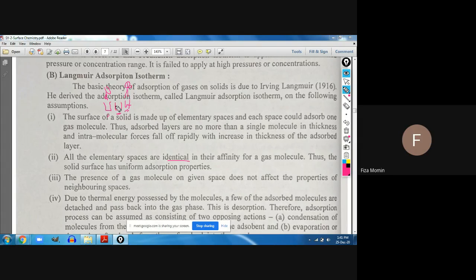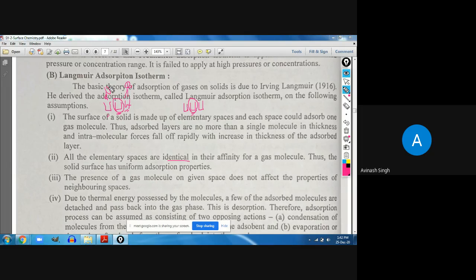And suppose you have another elementary space, now I am talking about this elementary space. Both the neighbors are unoccupied. But Langmuir says the behavior of this space and this space will be the same.